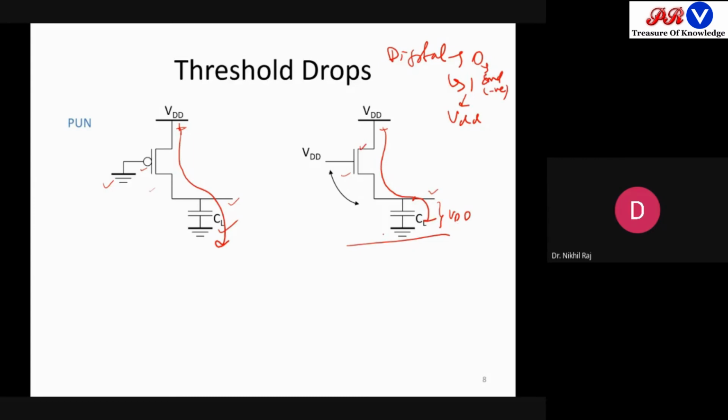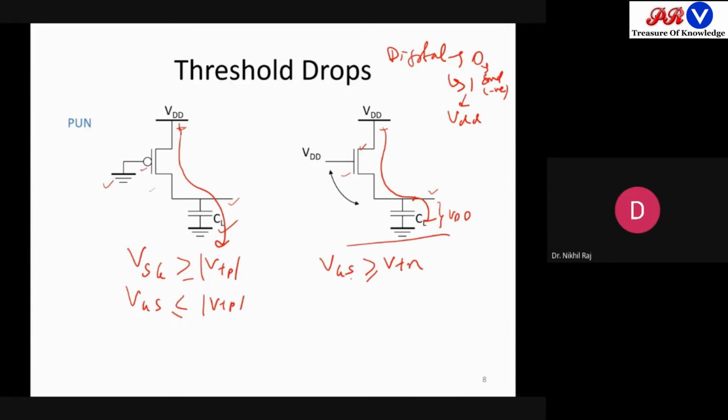If we see the working of this one, the necessary condition is VGS should be greater than or equal to VTN. And here the necessary condition is VSG should be greater than or equal to mod of VTP, or you can say VGS should be less than or equal to VTP.